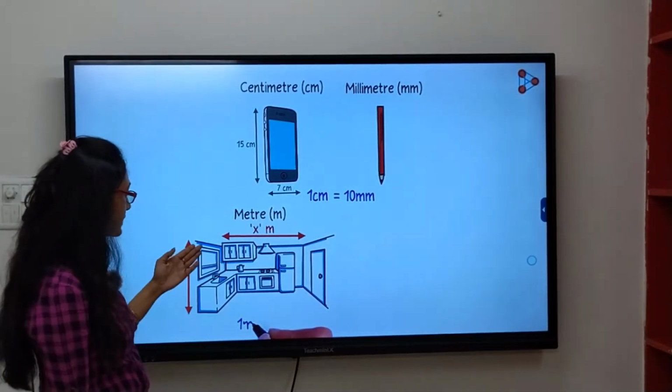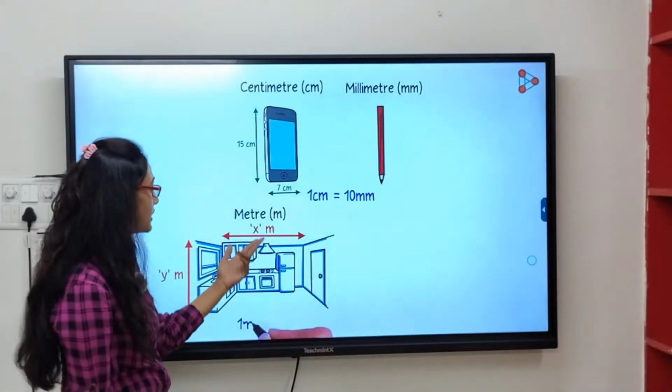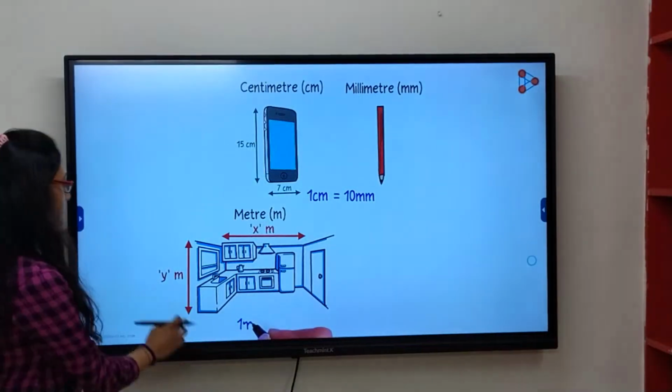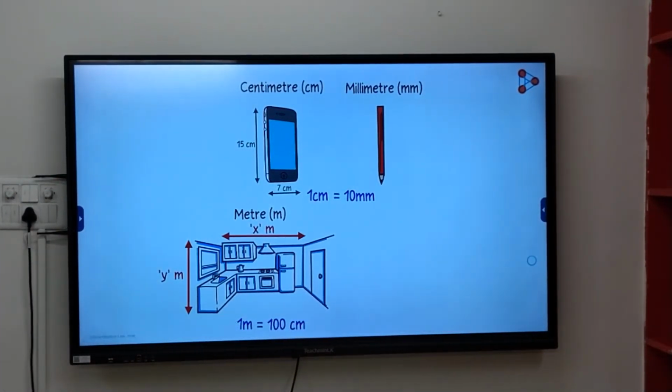It will be very difficult if you measure the length and breadth in centimeters here. That's why we are using meter. It is equal to 100 centimeters. So instead of saying that your kitchen length is 1000 centimeters, you can say that it's 10 meters.